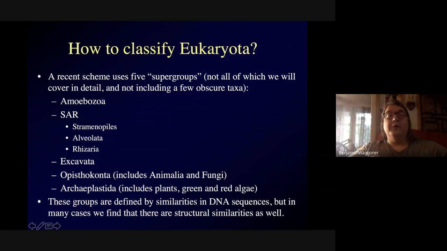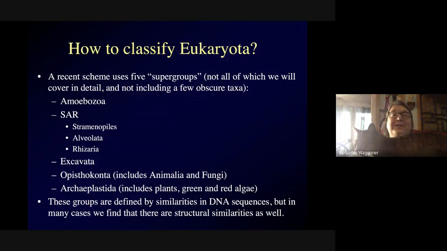Now SAR is Straminopiles, alveolata, and Rhizaria, SAR. Straminopiles includes diatoms and golden algae and brown algae and a few other groups like cabbage clubroot disease and potato blight and water molds and things like that.